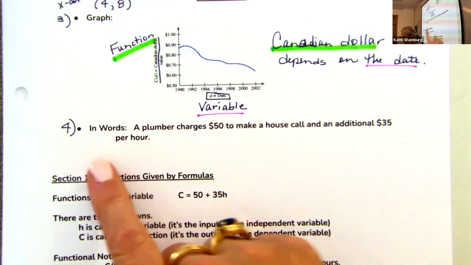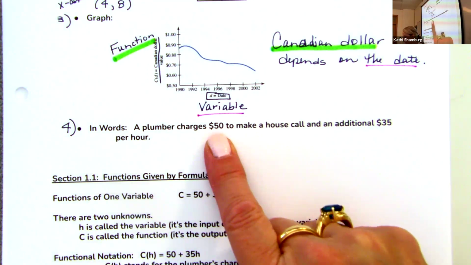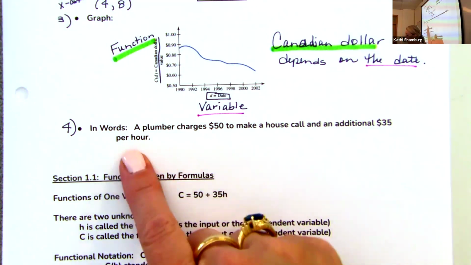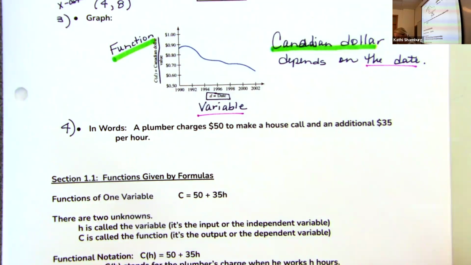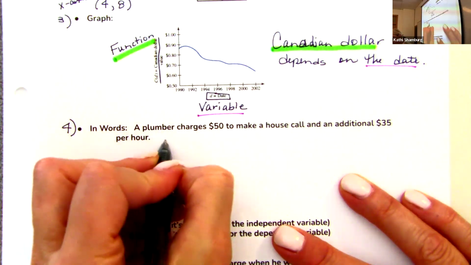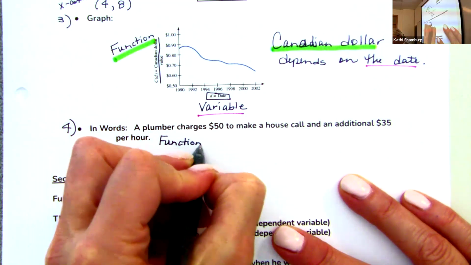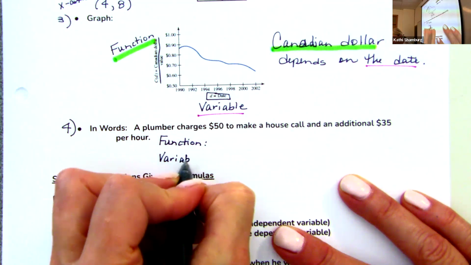All right, so words. This says a plumber charges $50 to make a house call and an additional $35 per hour. So we're talking about charges and we're talking about hours. We've got to figure out which one of those is representative of the function and which one would be considered the variable.